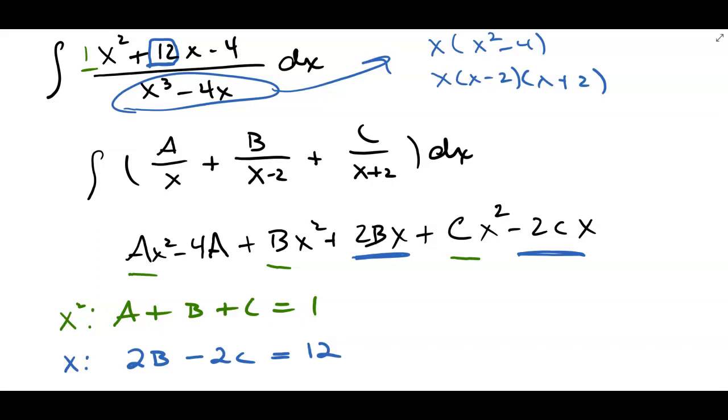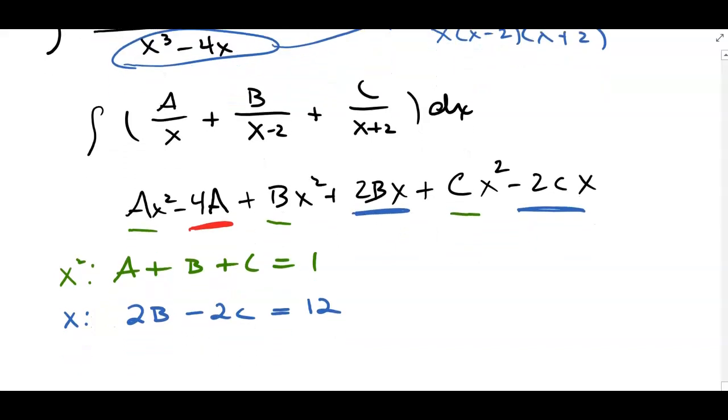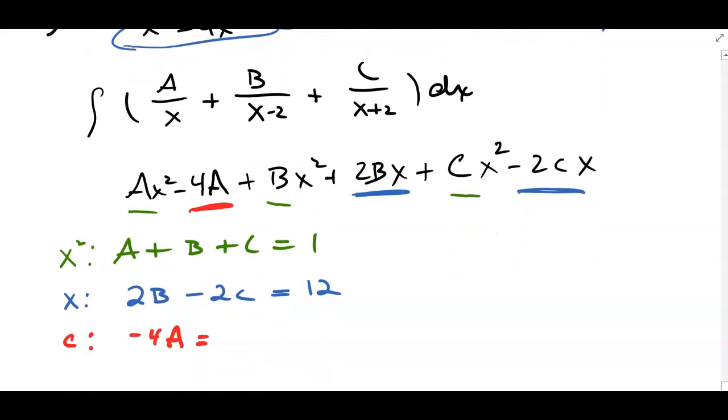And for my last one, the constant, I only have a negative 4a, right? I don't have any other term that has no x in it. So that one simply becomes, for my constant, negative 4a equals, what was that? Negative 4. Okay.